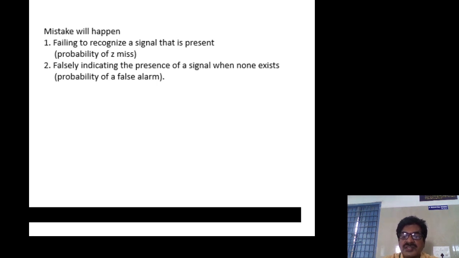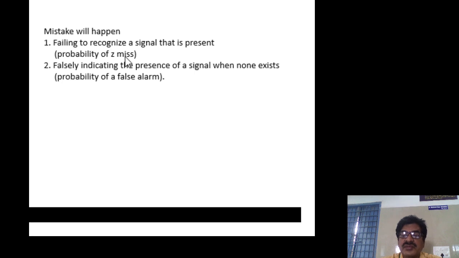Suppose it is very low, what happens? Falsely indicating the presence of a signal when none exists. There is actually no target, but with reference to noise, peaks in the envelope may cross the threshold voltage level, so that it indicates the presence of a target, referred to as a false alarm.